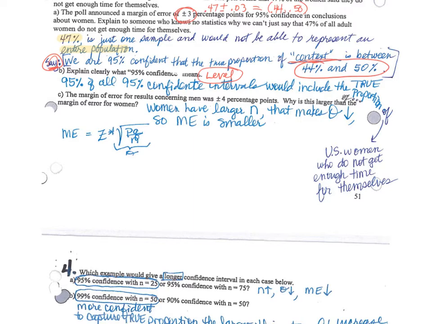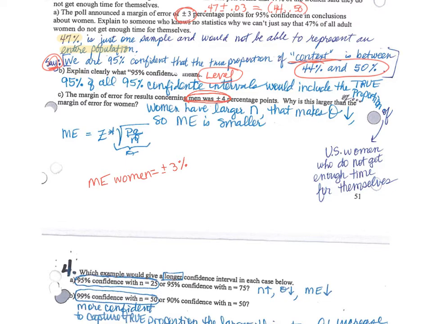Okay, C says the margin of error for the men was 4%. So the margin of error for the women was plus or minus 3%. Why was the men's larger? Because women had more sample size. Good.